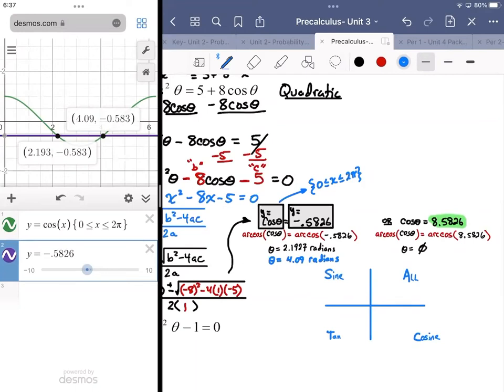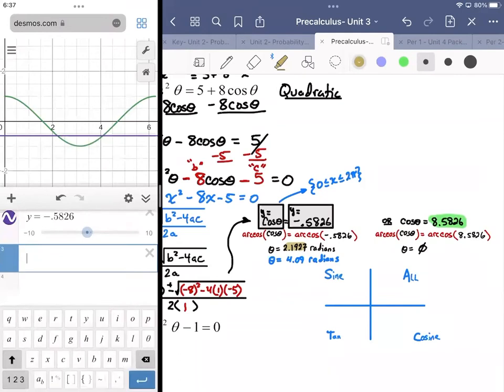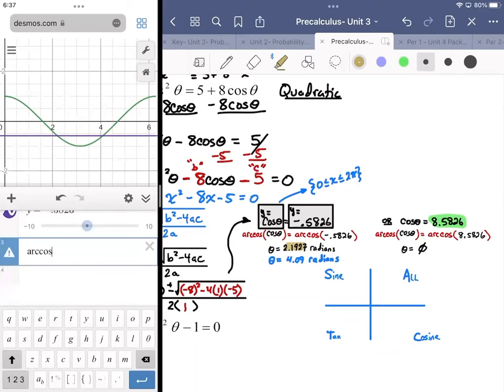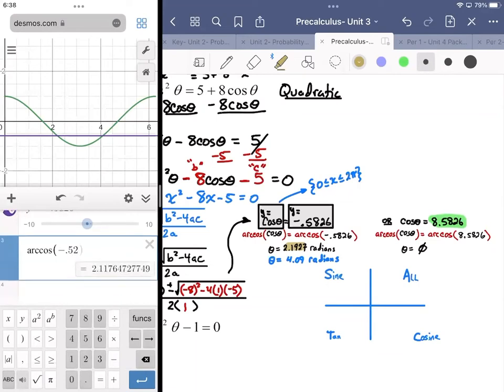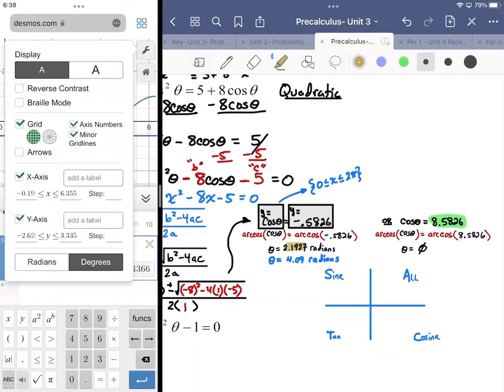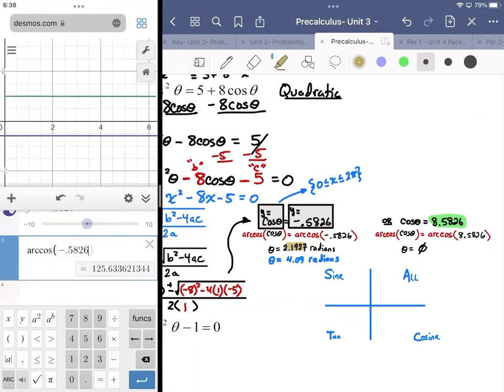All right. When we solved this and came up with 2.1927, what we did again is we used the arc cosine function, and I typed in negative 0.582826. And it gave me that value in radian form. If I change it over into degree mode by hitting that little wrench, it tells me that that's about 125 degrees.